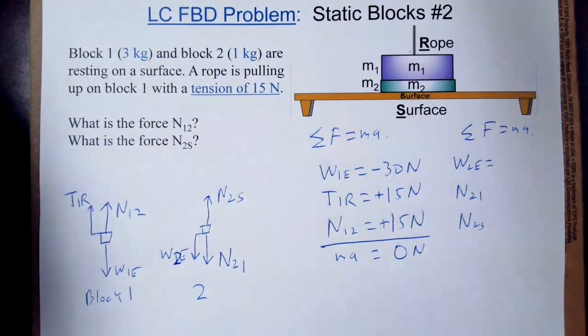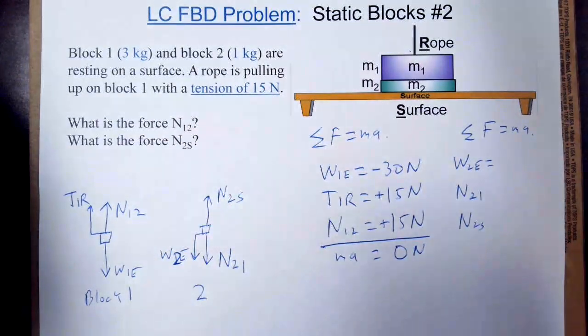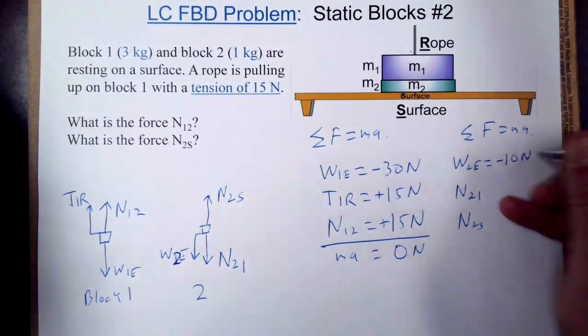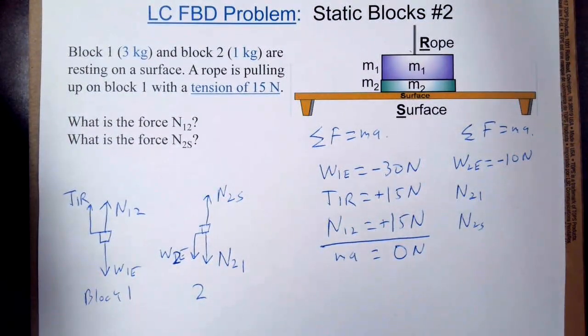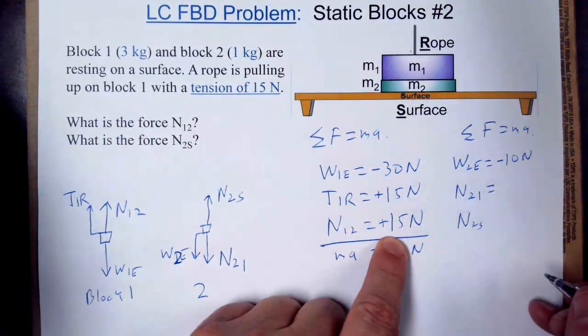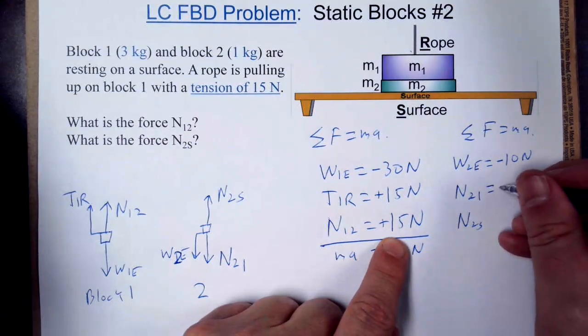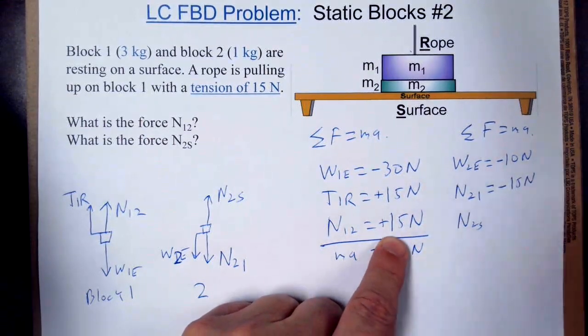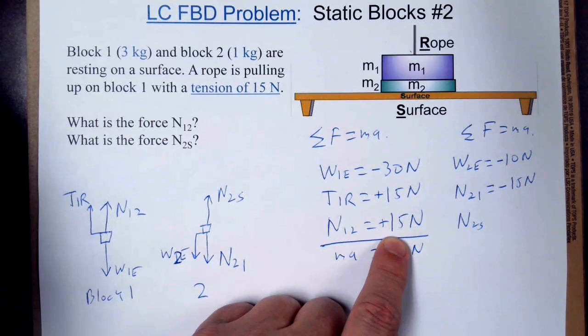For W_2e, the block is 1 kilogram, so 1 kilogram times g, 10 meters per second squared, gives us 10 newtons, and it's pointing down. N_21, well, we just solved this. It is 15 newtons for N_12, so that means N_21 is negative 15 newtons, right? See how that works?